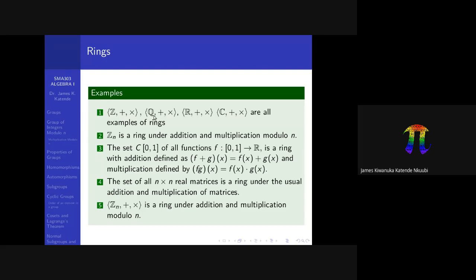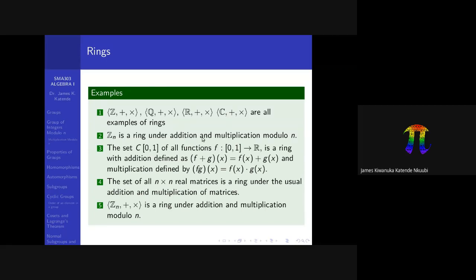So this happens to be a division ring. It also happens to be a field because it is commutative. It's a commutative division ring. The same is true for the real numbers and the complex numbers. So these last three are all division rings.